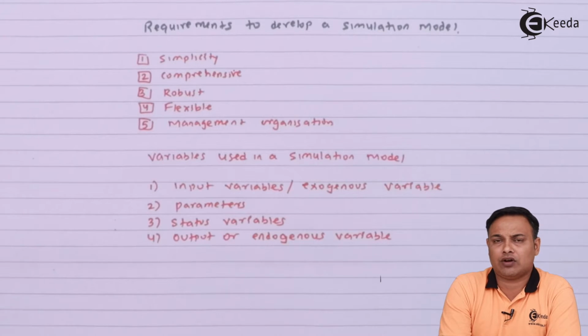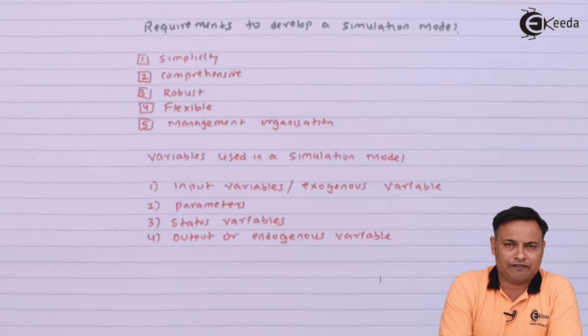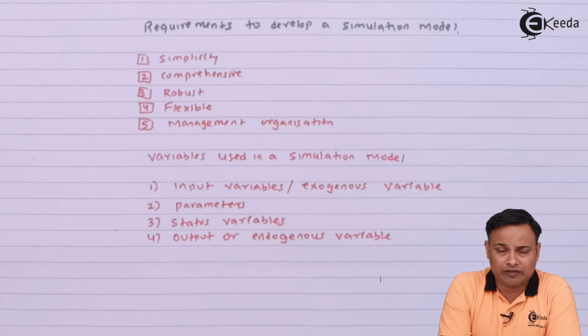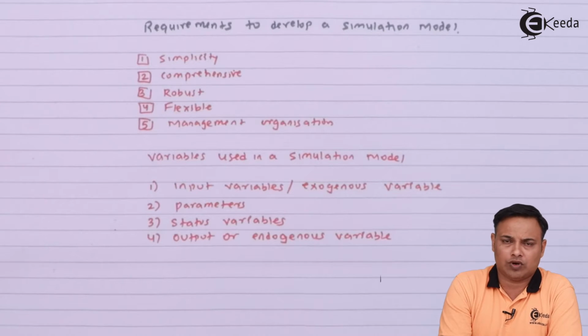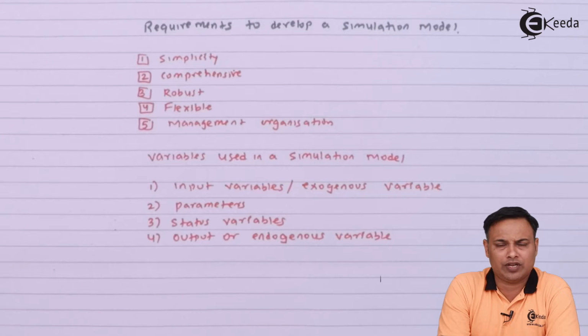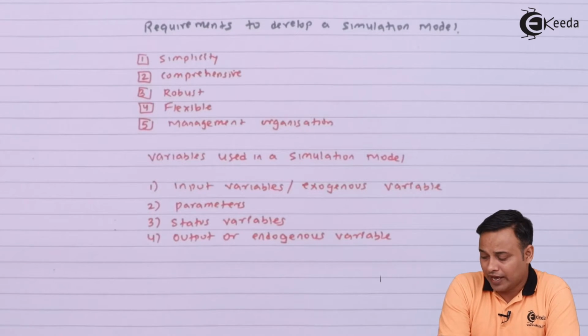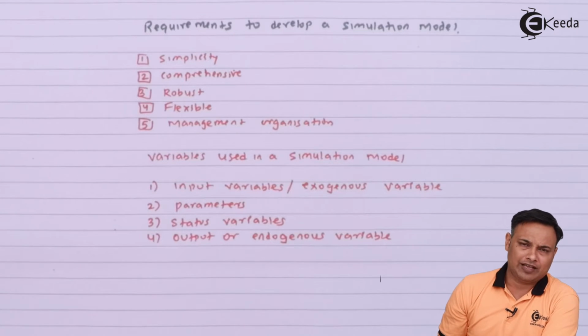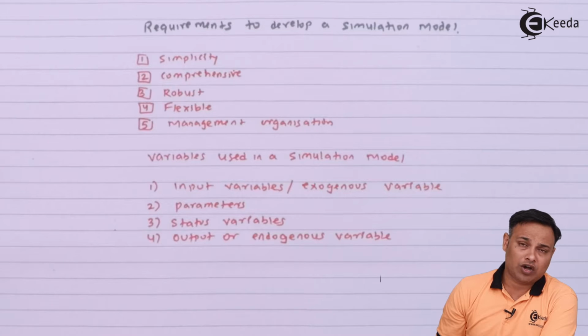We have something called input variables. Input variables are the numbers that are fed by us into the system to generate some kind of data. Most of the time, simulation models are based on past data, and this past data can simply be called the input variables, also called exogenous variables. Now these input variables can be controlled or uncontrolled.